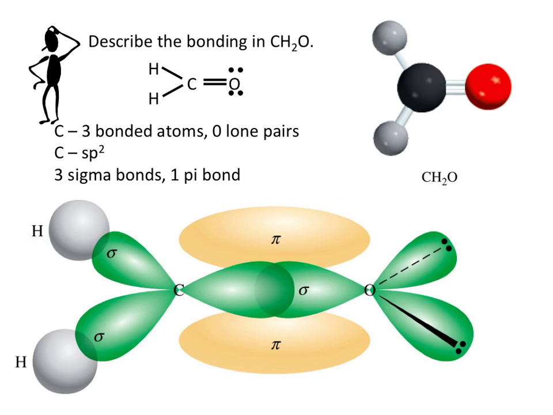I can look at this carbon as having 1, 2, 3 sigma bonds and a single pi. So there are lots of different looks at it, but you should be able to indicate the hybridization on the central atom, identify the types and location of each bond present, and you should be comfortable with drawing the Lewis structure so that you can actually make this analysis.